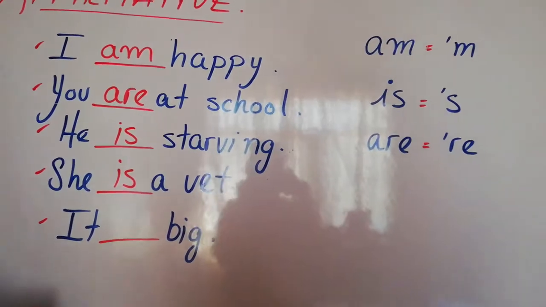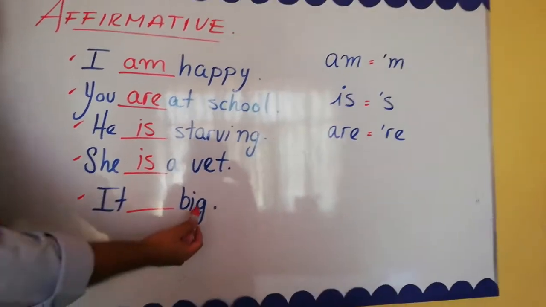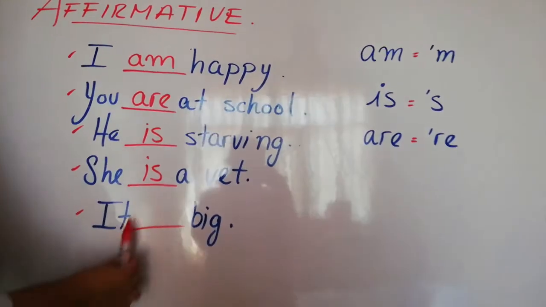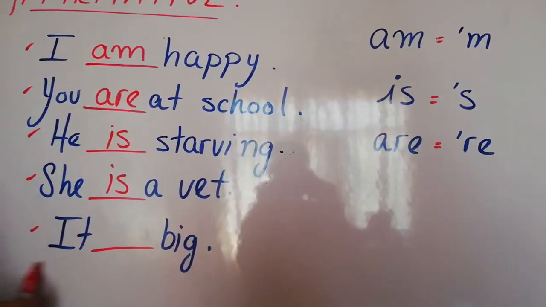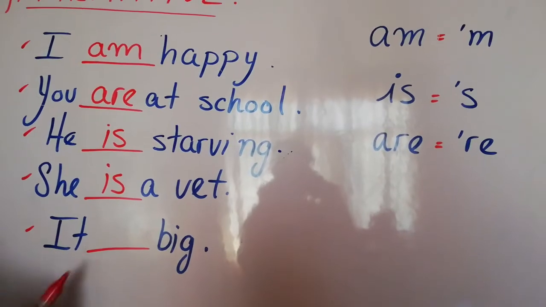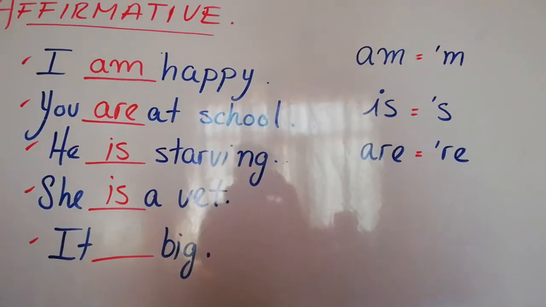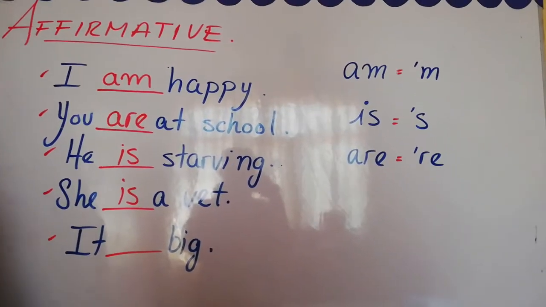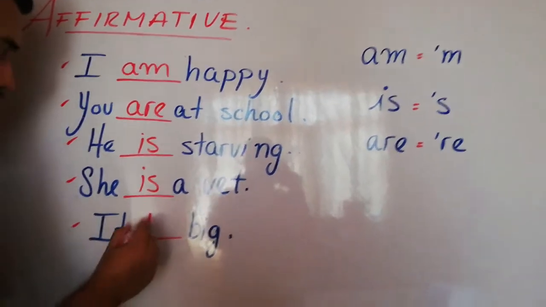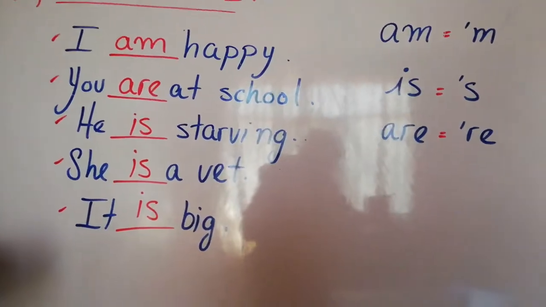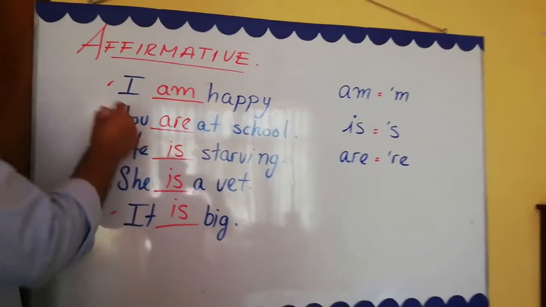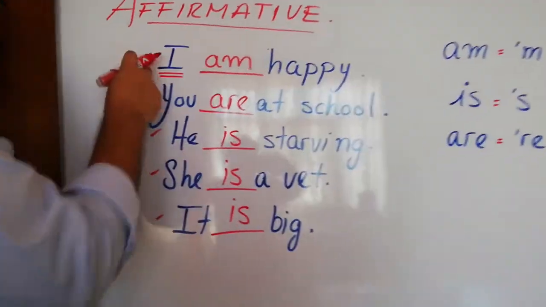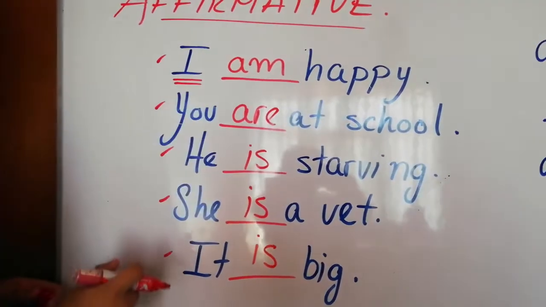And finally, it big. Remember, it is referring to a thing. Okay? It is referring to a thing. So what is gonna be the correct verb to be? It is big. Okay? So remember, if I have I, the correct verb be is am.